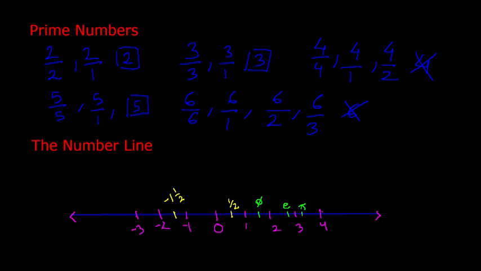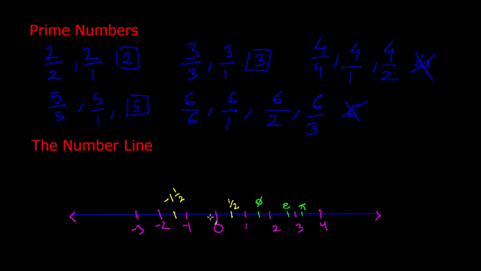So the last thing we want to look at is the number line. I have drawn an example of a number line over here and marked them. As you can see, there is a 0 in the middle, and on the right hand side it goes to 1, 2, 3, 4, and so on. It goes on forever. On the left hand side there is -1, -2, -3, and so on, and it goes on forever.